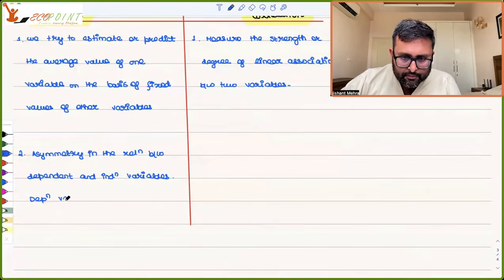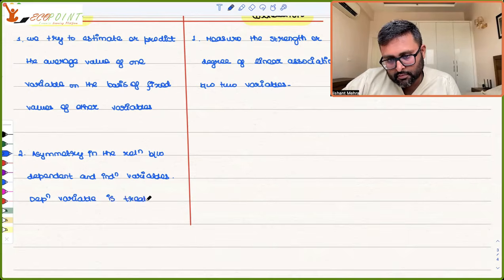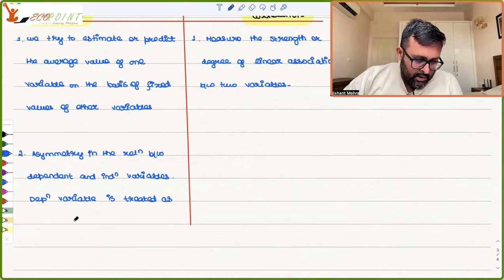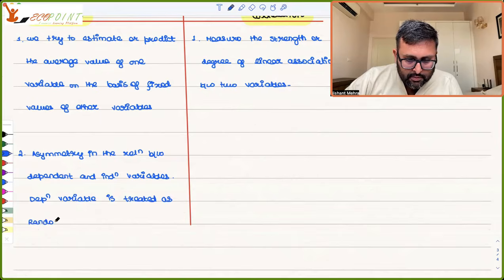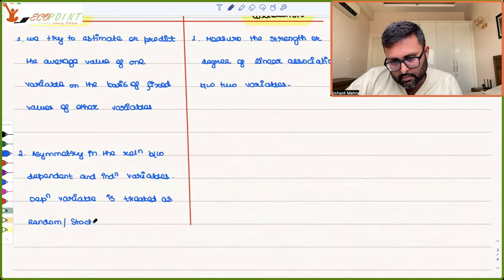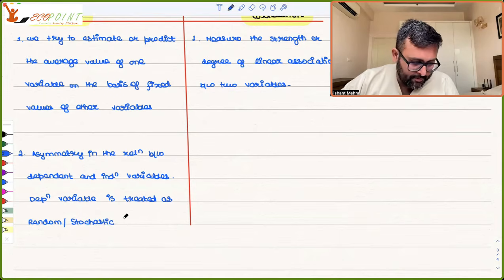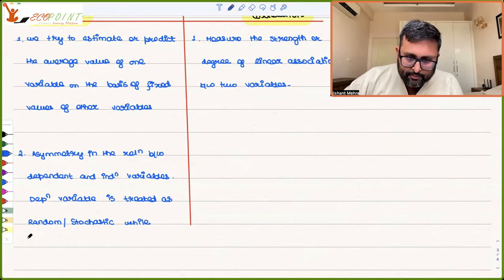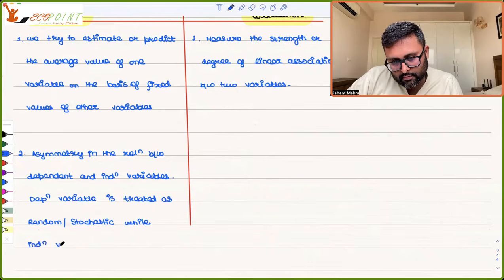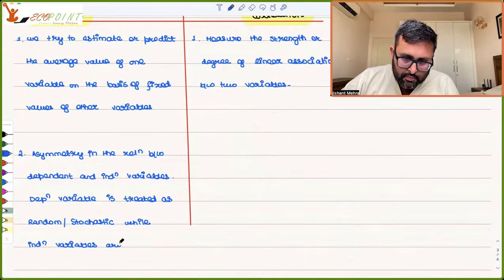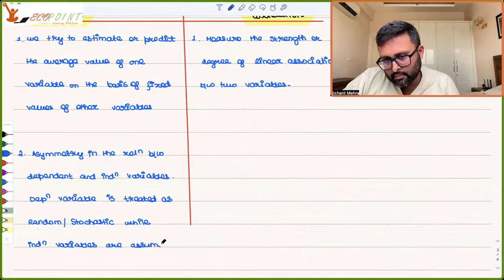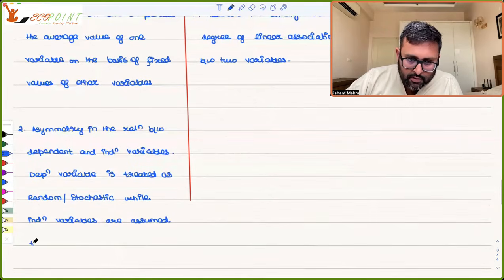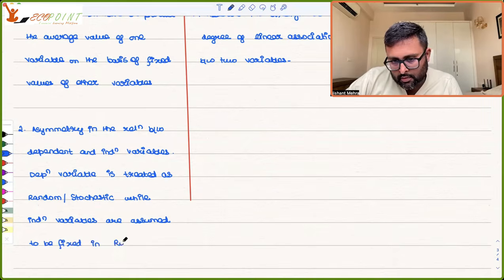The dependent variable is treated as random or stochastic, while independent variables are assumed to be fixed in repeated sampling.